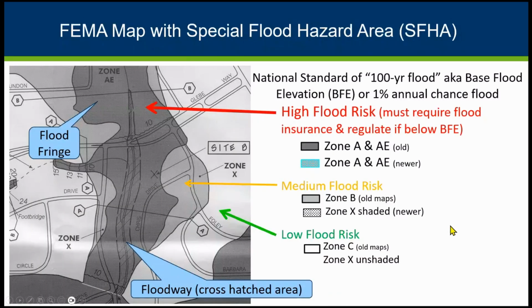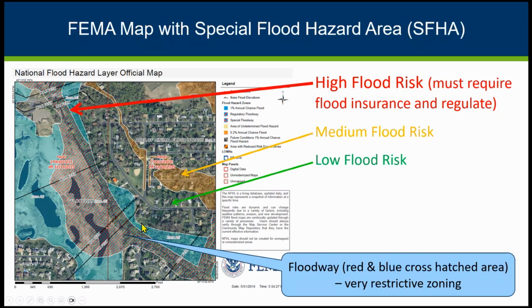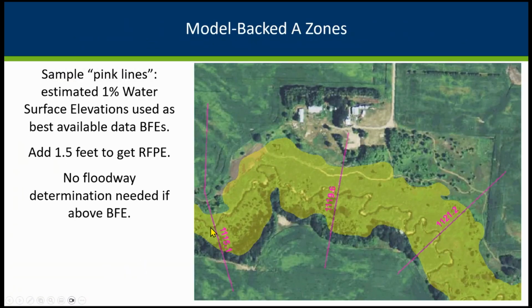So again, we're using these maps and the newer maps when we're looking at those regulations and where the floodway versus flood fringe is. Now, again, many parts of the state, we just have A zones. More and more of them, we have the supporting data.